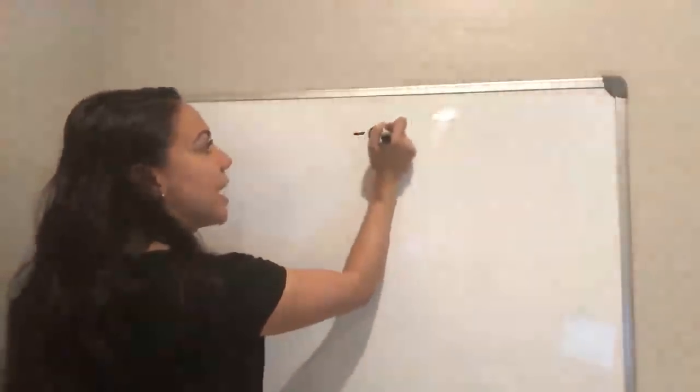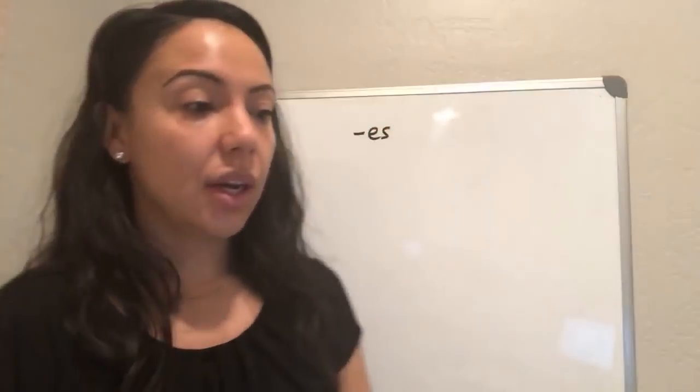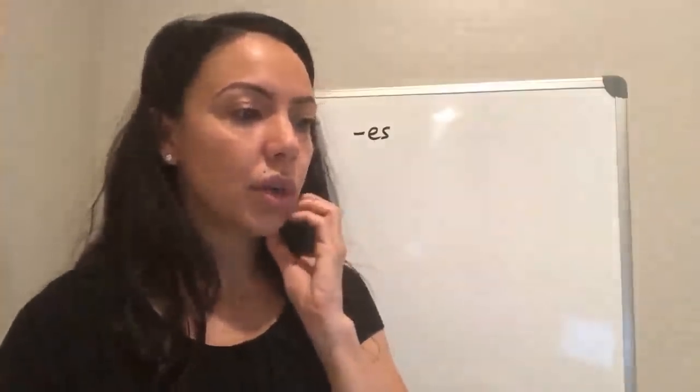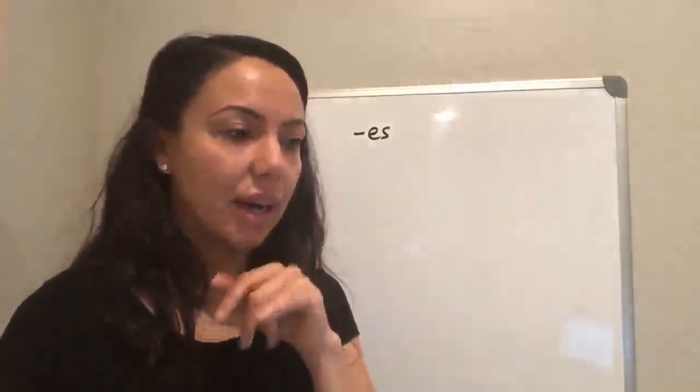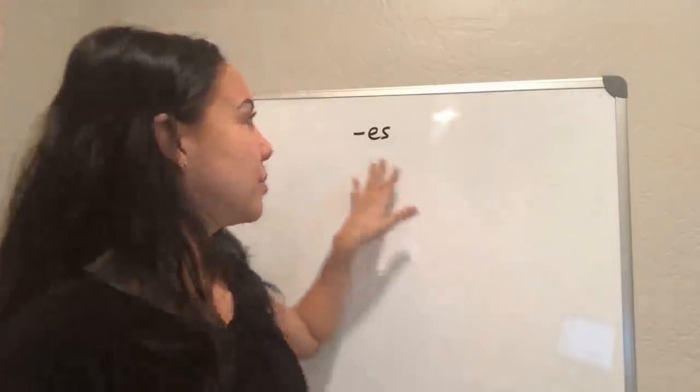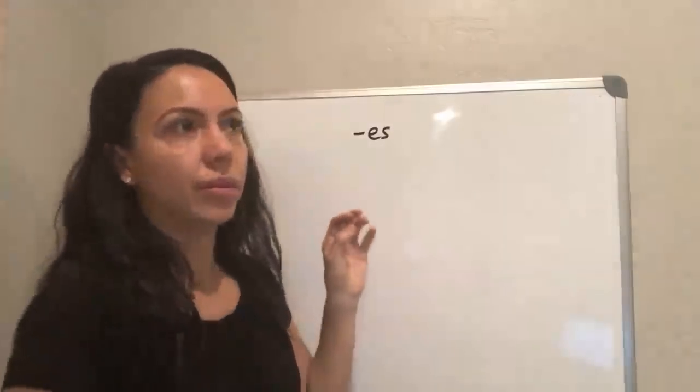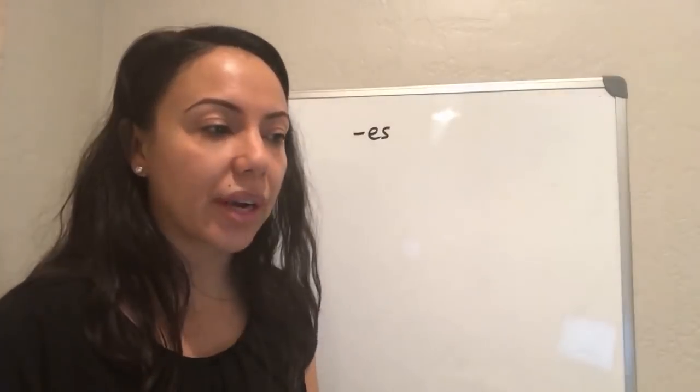Now, one last thing before we move on. I want to explain to you guys also, because in English, we also add this ES guy, okay? We add this ES guy because some words, well, you can just memorize some of it.